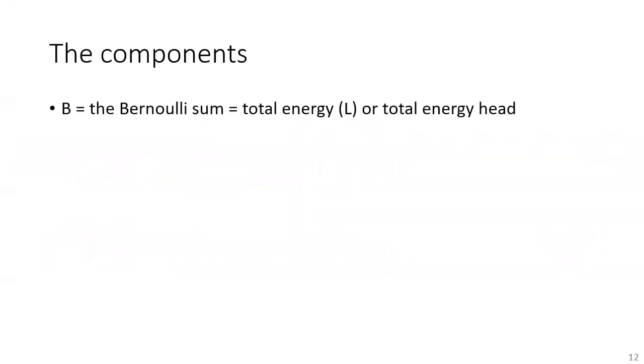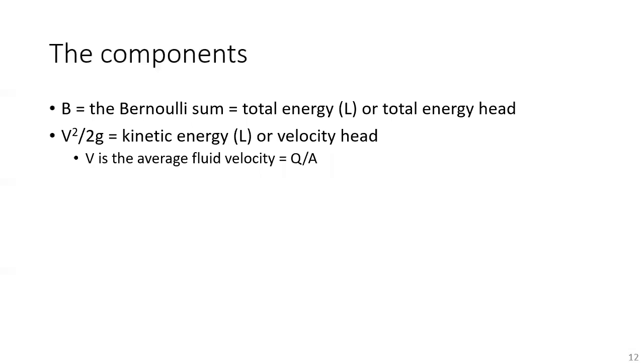So B is the Bernoulli sum. It's also known as the total energy, or the total energy head as it's known. V squared over 2g is kinetic energy, or known as the velocity head. The velocity in that v squared over 2g term is the average fluid velocity. And so we typically get that by discharge divided by area.